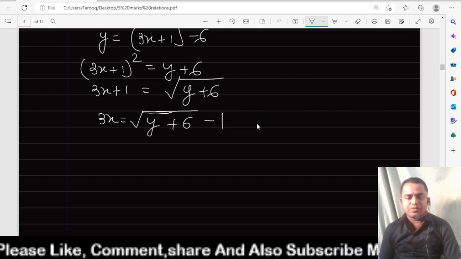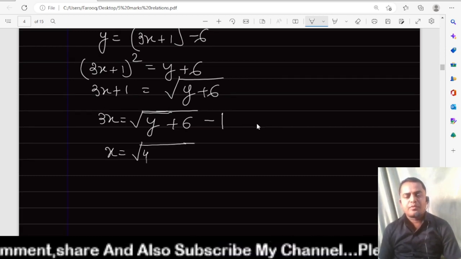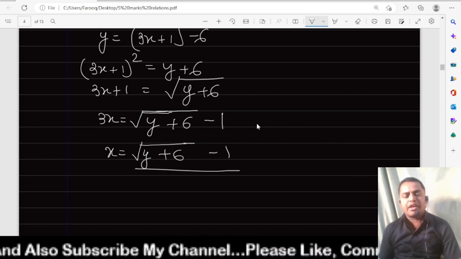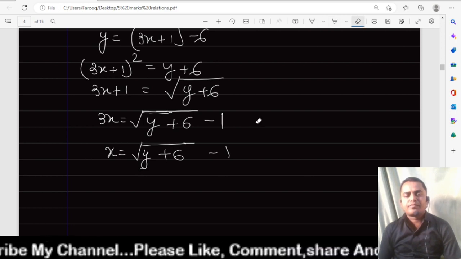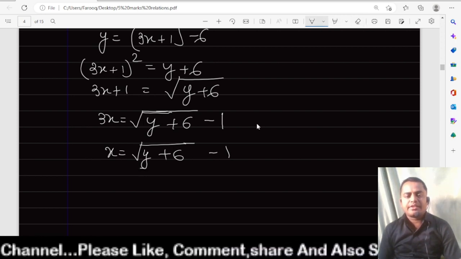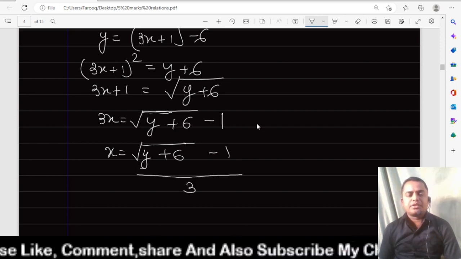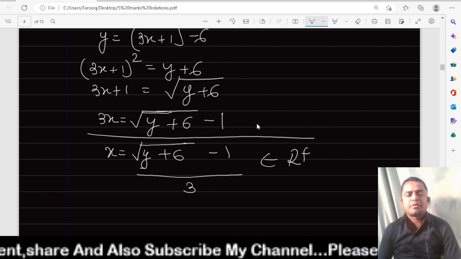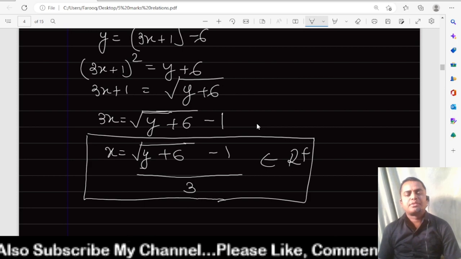Then x is equal to (root of y plus 6 minus 1) divided by 3. This x belongs to R plus.